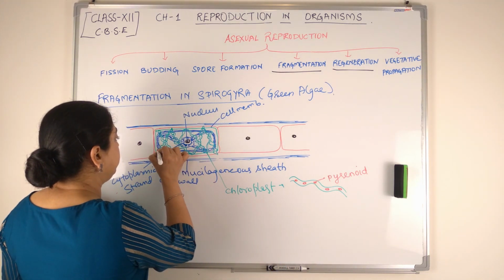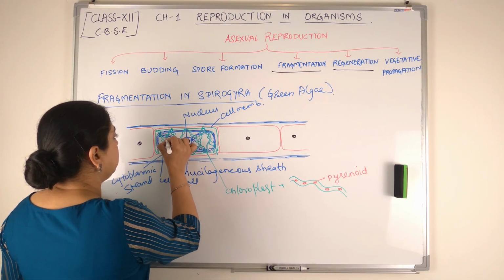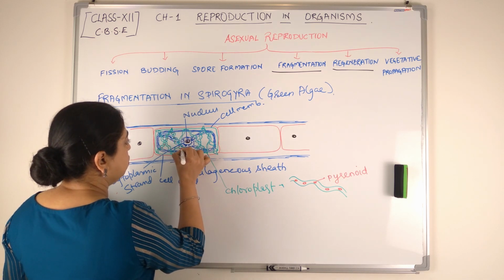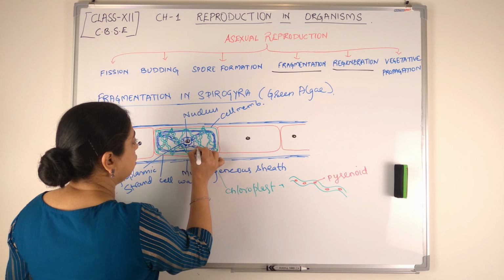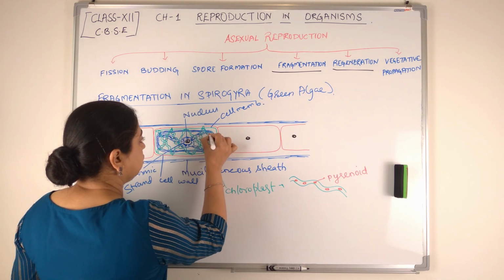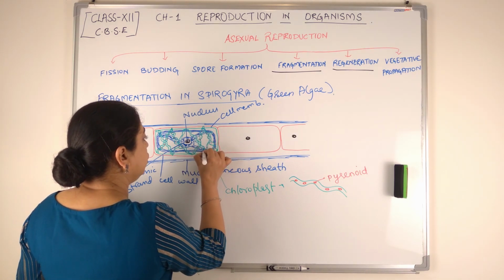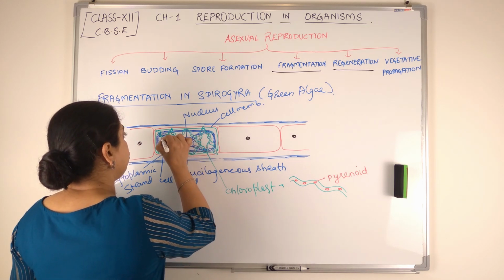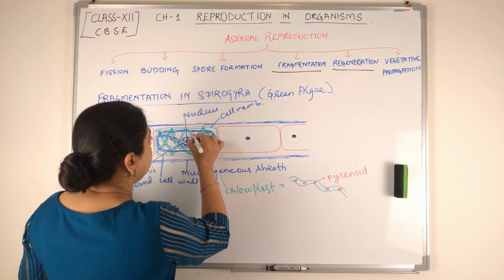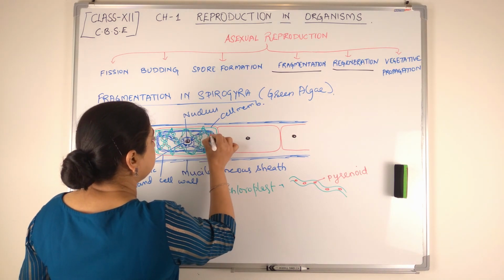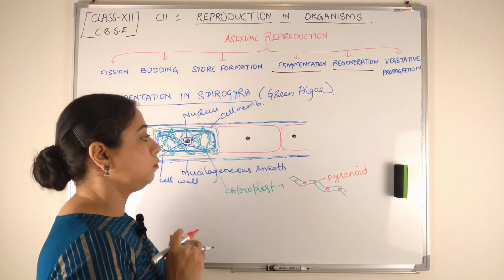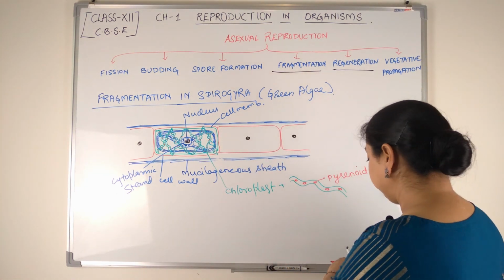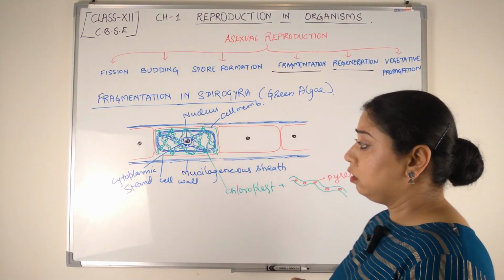These are present all along the length of the chloroplast. They store food after photosynthesis. So this is about the structure of a Spirogyra filament.